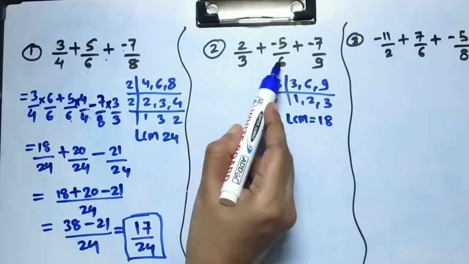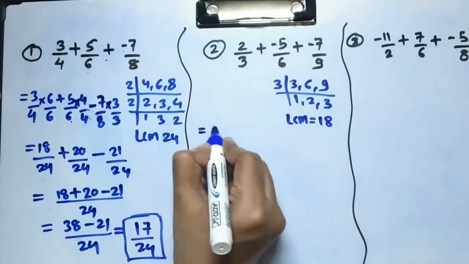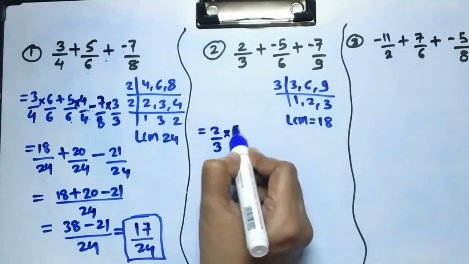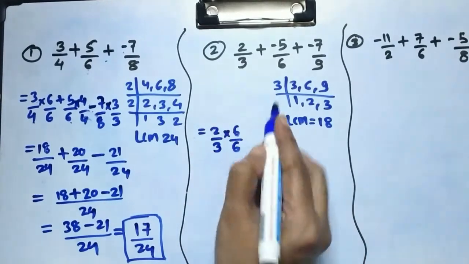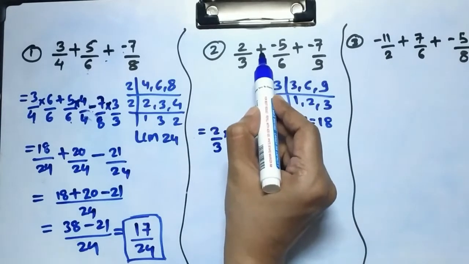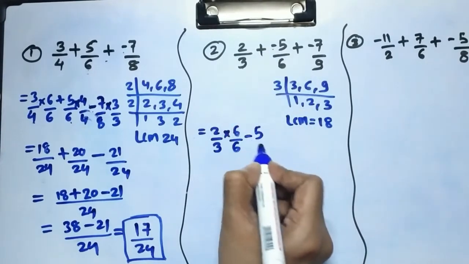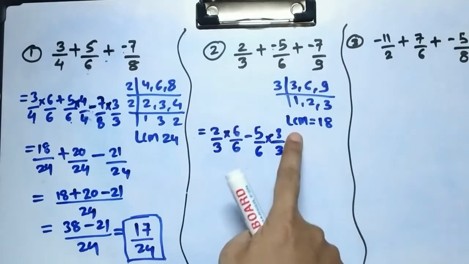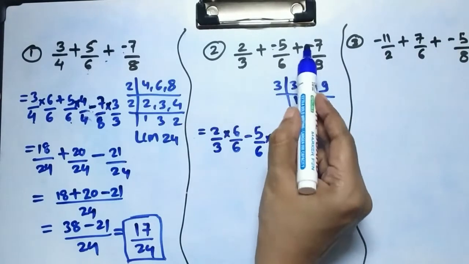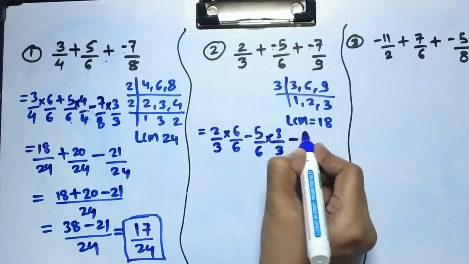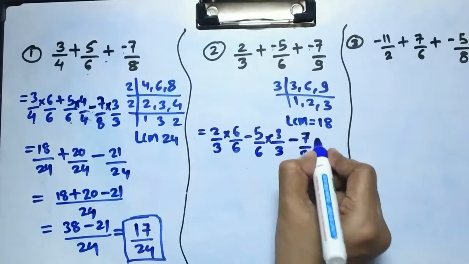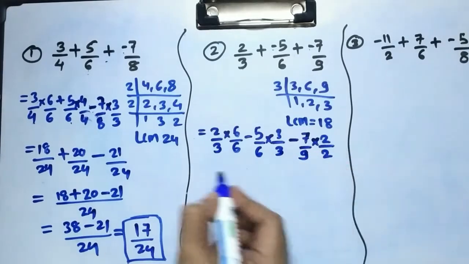Now we convert 3, 6 and 9 into 18. Write down 2 by 3. 3 6s are 18, so we multiply by 6 in the numerator and denominator. Friends, plus minus here becomes minus 5 by 6. Again 6 3s are 18, so we multiply and divide by 3. Plus minus here becomes minus 7 by 9, and 9 you need to multiply by 2 to get 18.